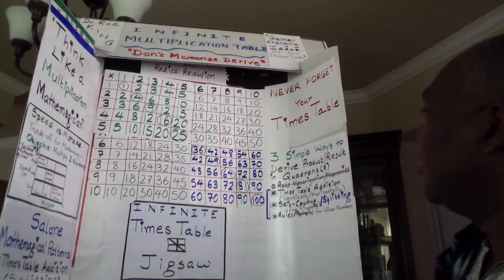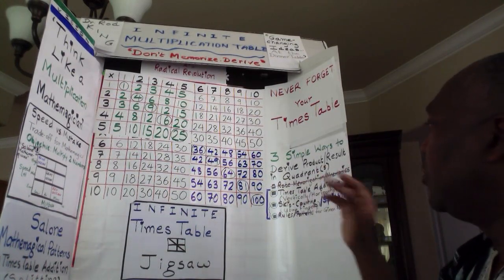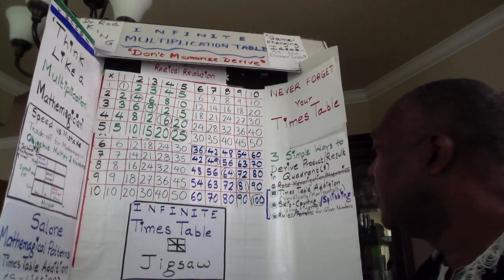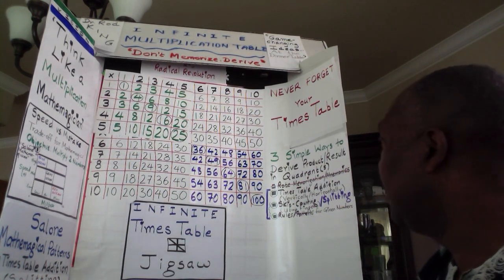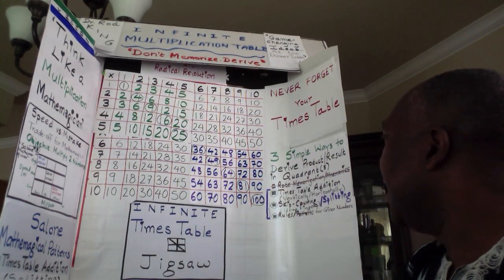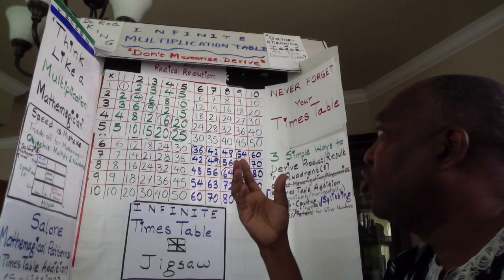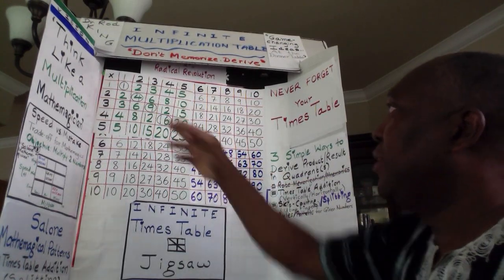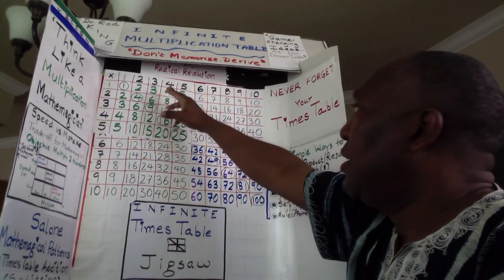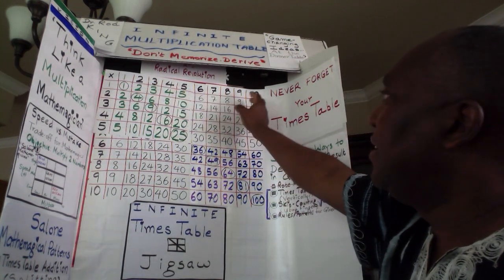So the 3 ways which you could use: rote memorization is out, so you don't use it. You also don't use mnemonics, and we have been using times table addition. And the other thing, at the end of each quadrant, you should do what's known as skip counting. So for example, 1, it's not skip counting because you basically count 1, 2, 3, 4, 5, 6, 7, 8, 9, 10.